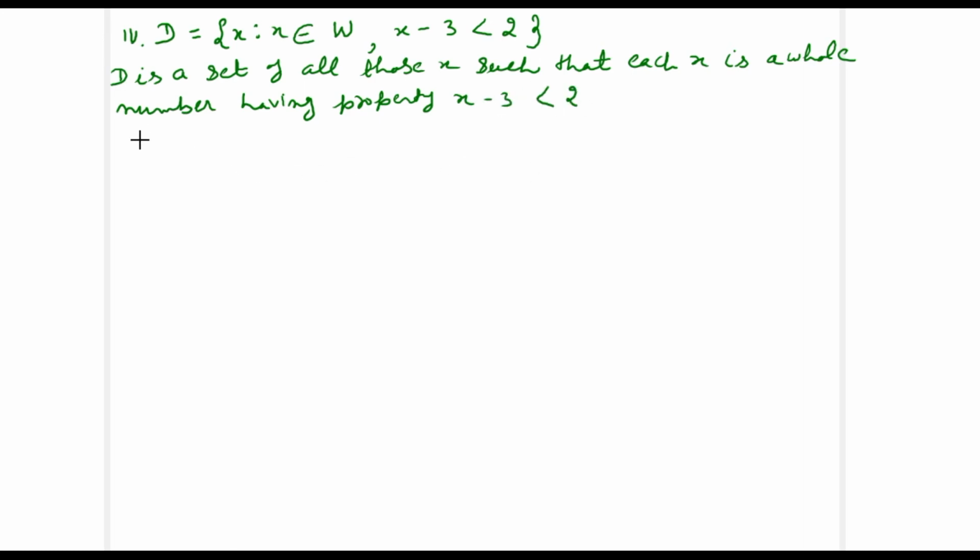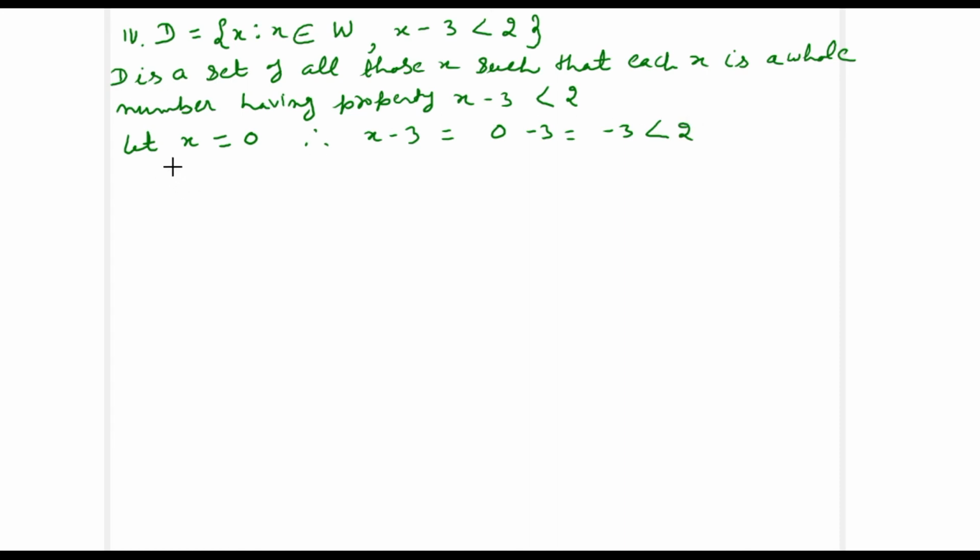So it is a whole number. Whole numbers start from 0. So let x equal to 0. Therefore x minus 3 would be 0 minus 3 equal to minus 3, which is less than 2, right?